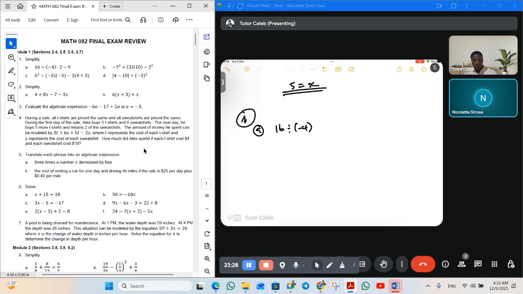We can do this whole thing on the calculator. Yes, it's possible. If you know how to use it properly, you can use it.